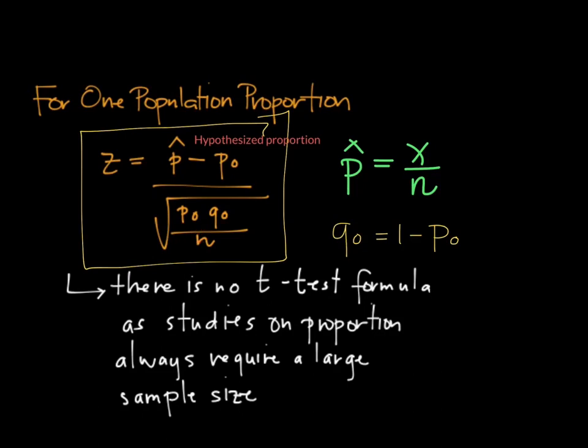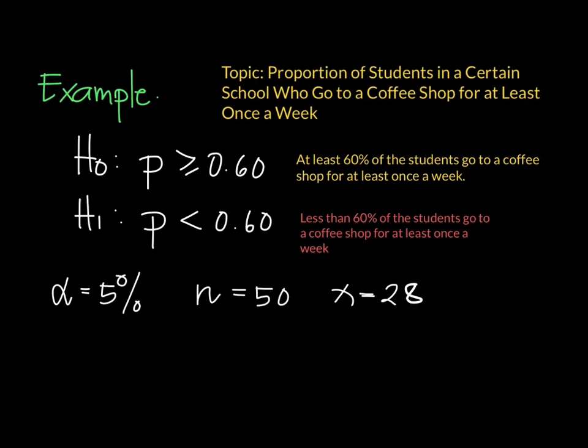Unlike the population mean, the test for one population proportion will not have a t-test formula, since the studies on proportion always require a large sample size. Therefore, the z-test should be applied. Okay, so let us take this as an example for the proportion.